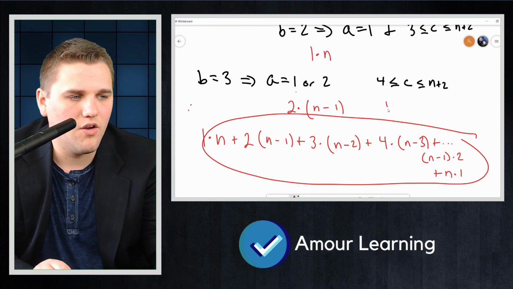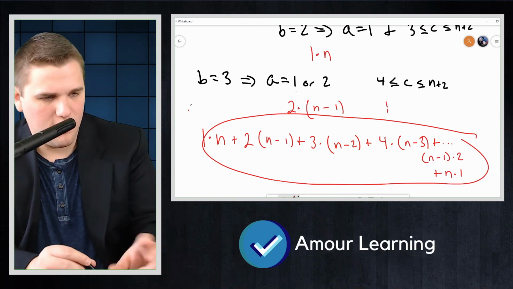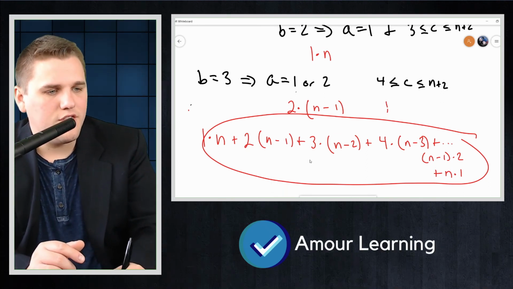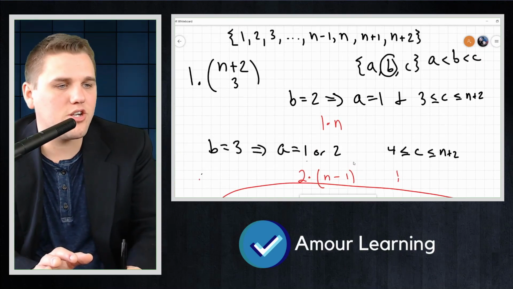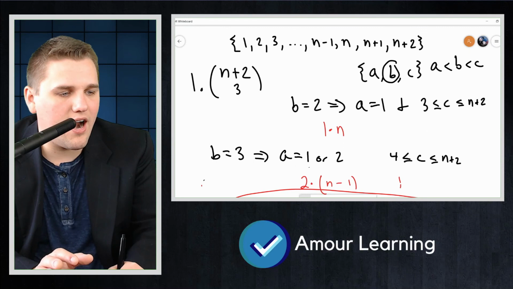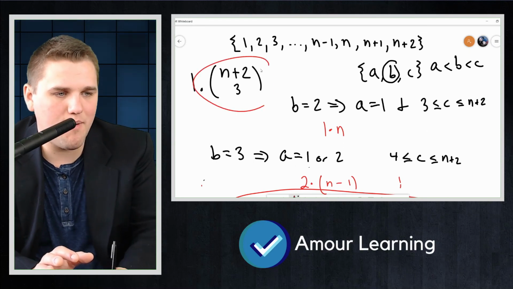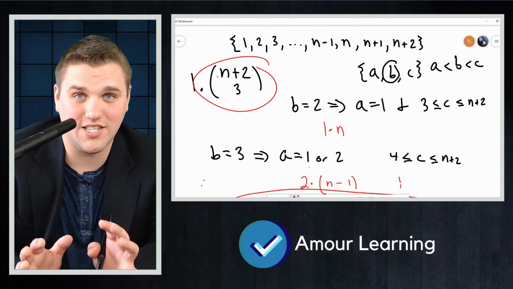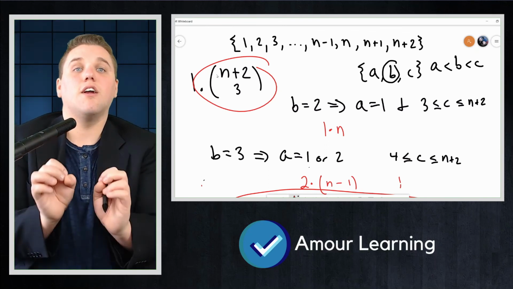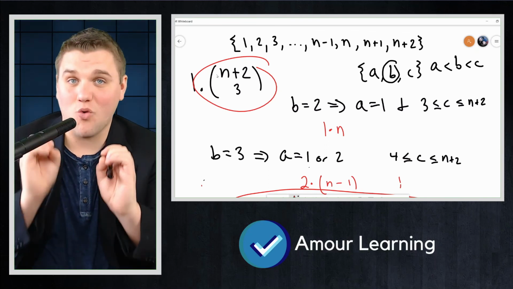Okay. Wow, okay, so what does that mean? This is the answer to our question that we came up with, but also that right there is the answer to our question that we came up with. N plus 2, choose 3. That way is a little bit easier to address this problem. But here is the point of this question.